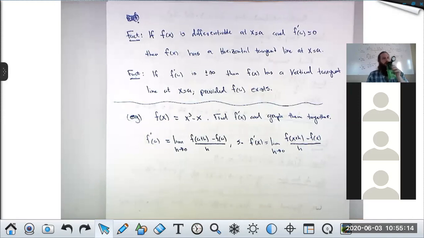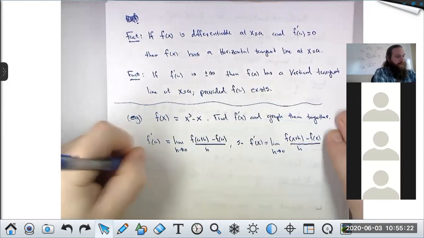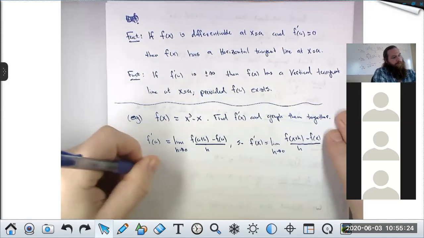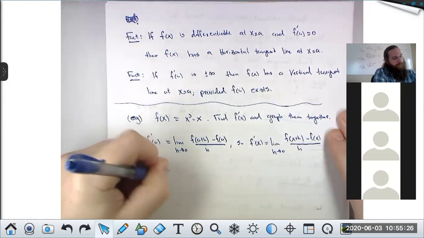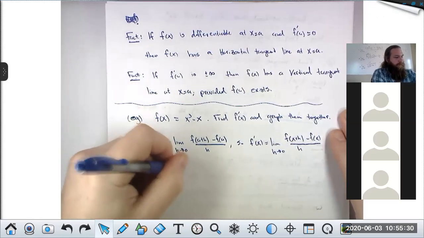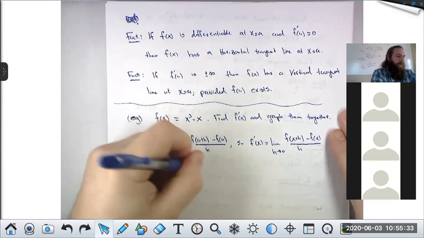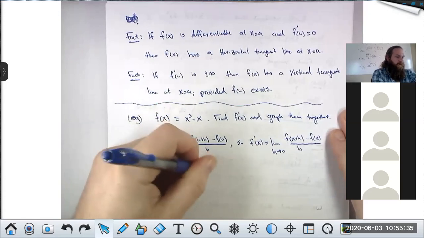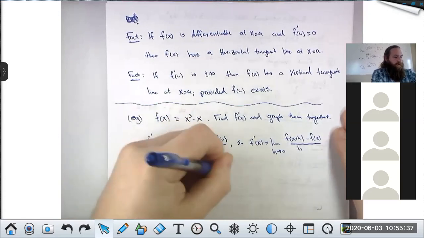I'm going to do it the second way. What does that look like?